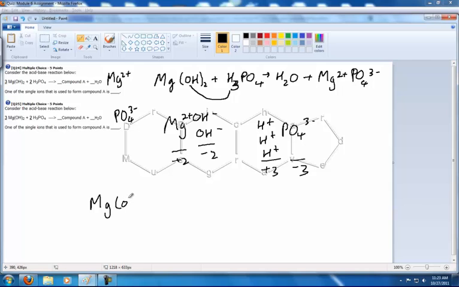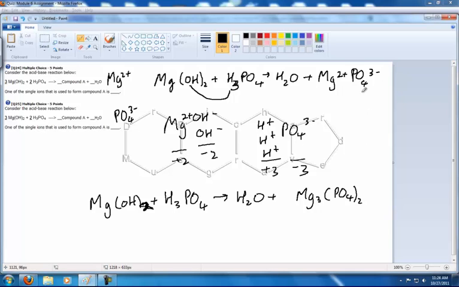So the Mg(OH)2 plus H3PO4 is going to join together to form H2O, and then these two will join together to form Mg3(PO4)2. So that's compound A there.